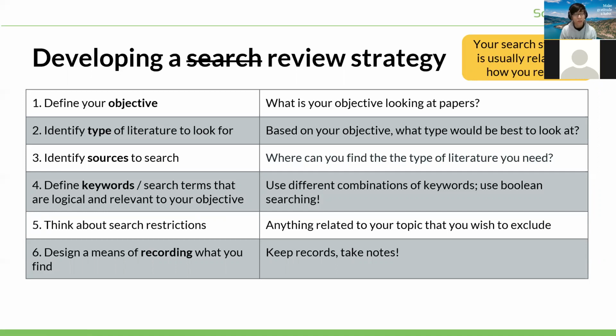So first of all, you need to define your objective. Is your objective simply finding out more about this field? Are you open to anything in this field? Are you trying to find more professors, more experts in the field? Are you trying to find a protocol that you can't figure out? All these things change how you're looking for it.